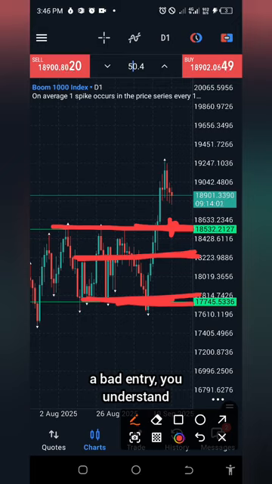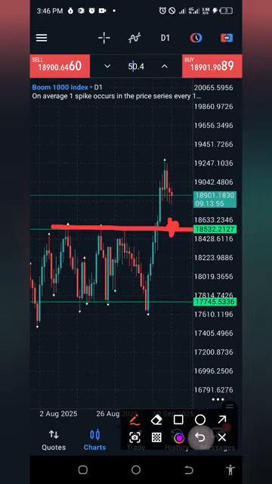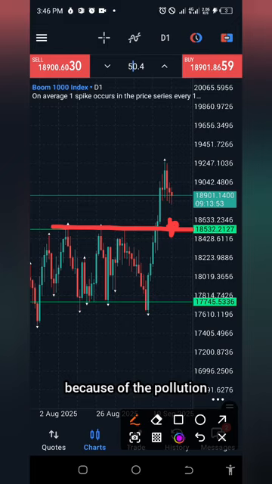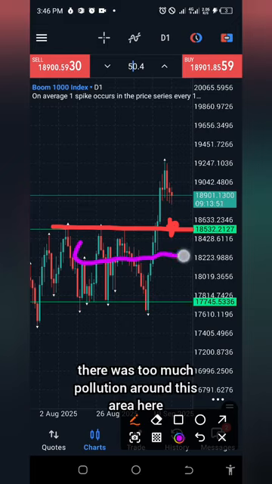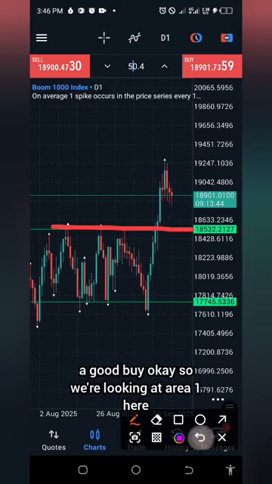You understand? Areas like here are good areas. Let me show you something. Areas like here are good areas because of the commotion that happened here. There was so much commotion around this area. So this is a good area for a buy. Okay.